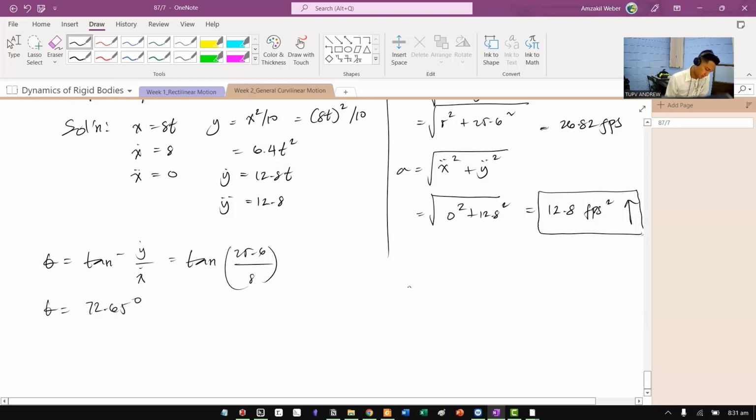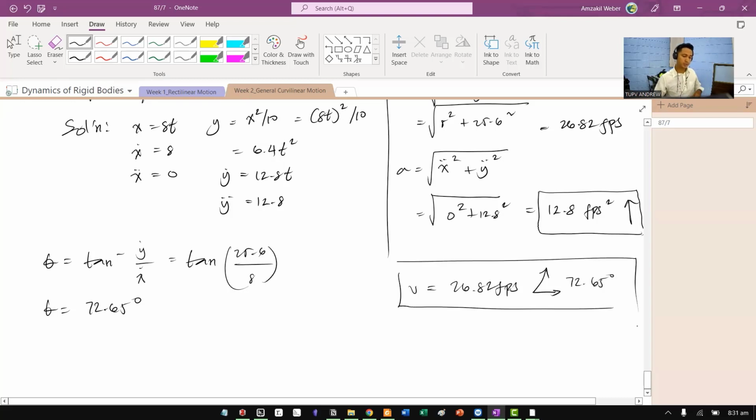So for velocity, that would be 26.82 feet per second at 72.65 degrees. So that is the velocity and acceleration 2 seconds later.